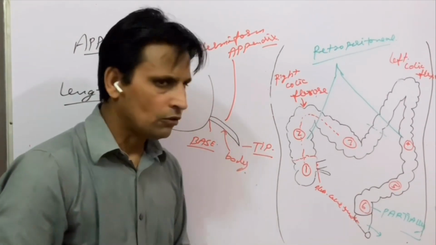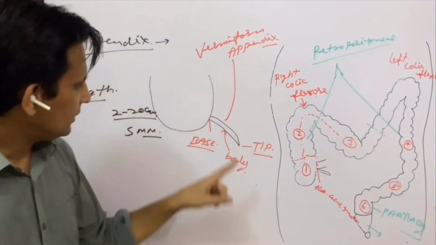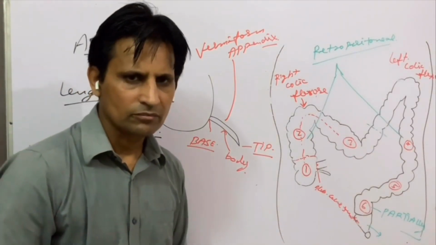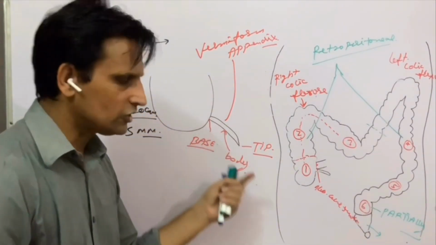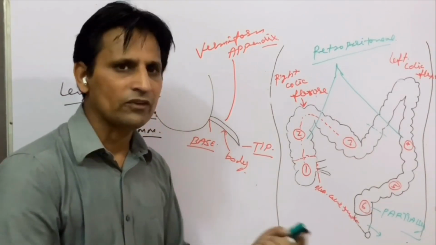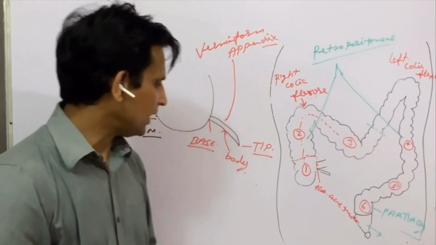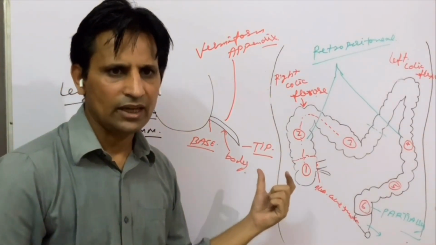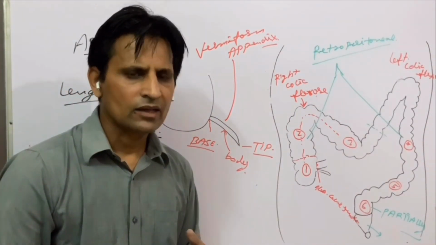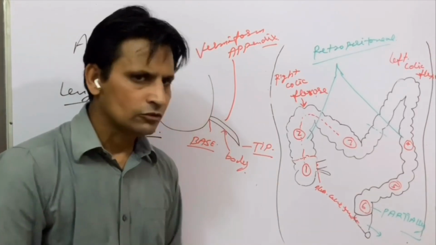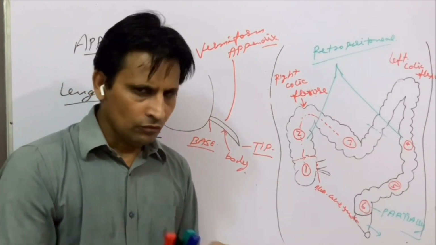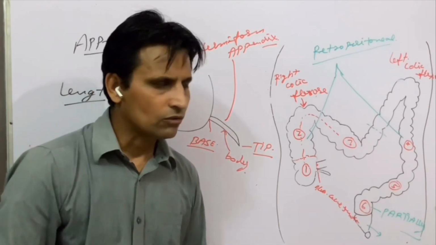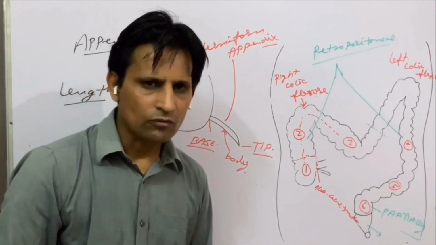Correct? Okay. This appendix may lie in a lot of positions, with a variety of extensions, right? The situation of this appendix is measured through watch time. It may be in the 11 o'clock position, or the 12 o'clock position.